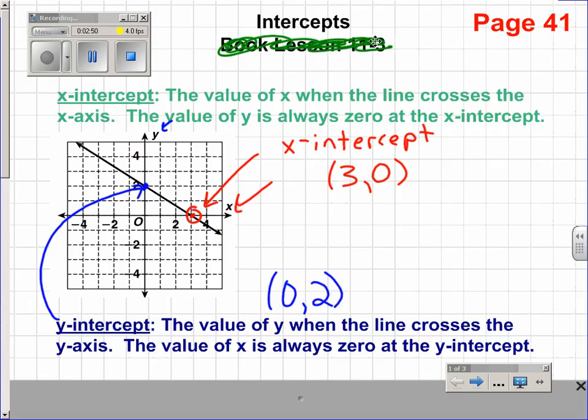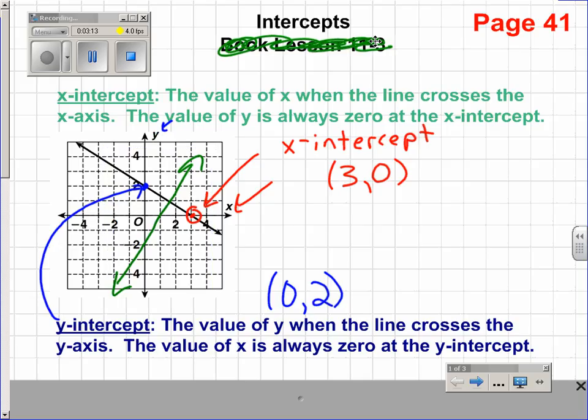So I'm going to draw another quick line just to kind of illustrate what's meant by this. So say instead I had this line right here. That y-intercept, let me move it a little higher so it falls on there. It's a little better. Okay.